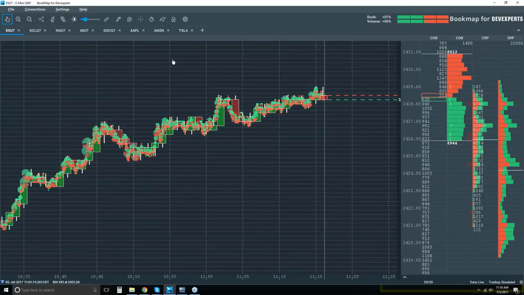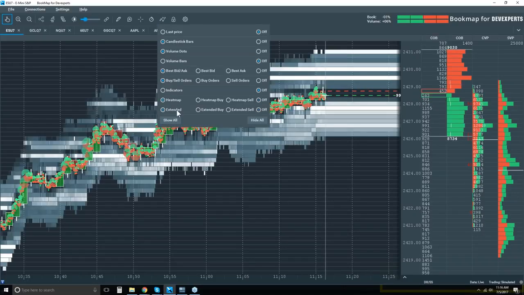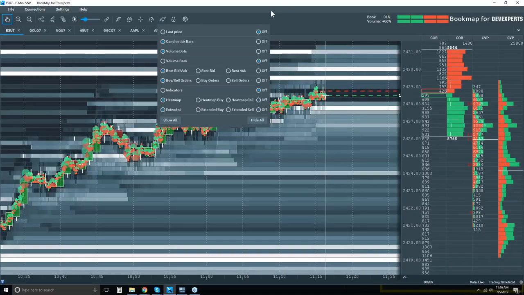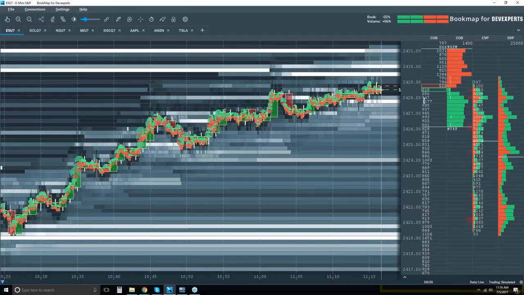Now we have that on the chart, and now we're going to add the heat map. So let's add that. What are we looking at here? All of this heat map is the historical limit order book. It's all derived from the DOM. As I was explaining earlier, let's go right back to this current market.